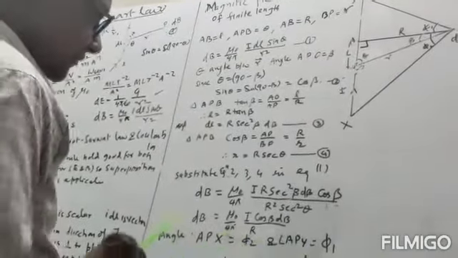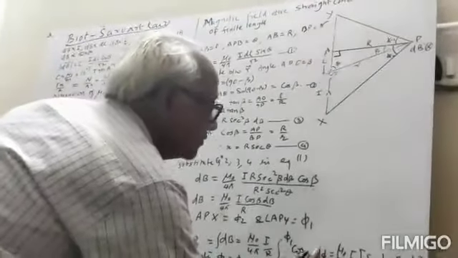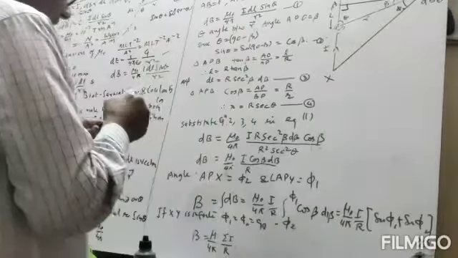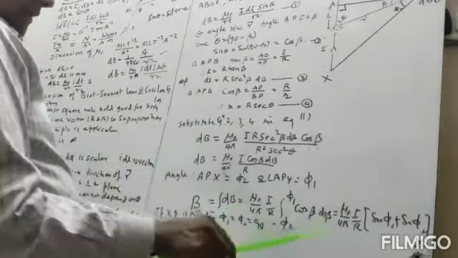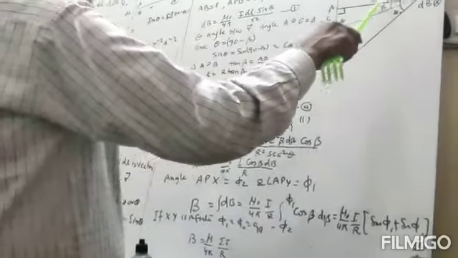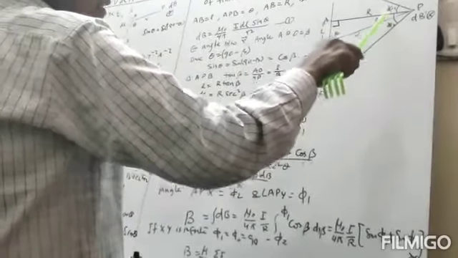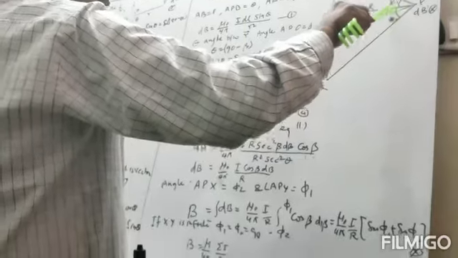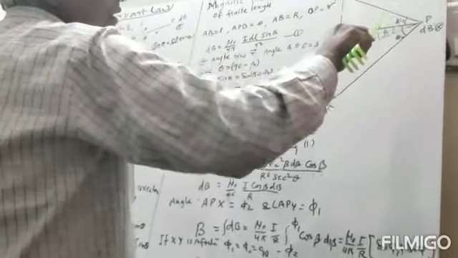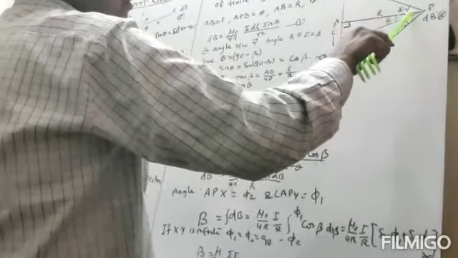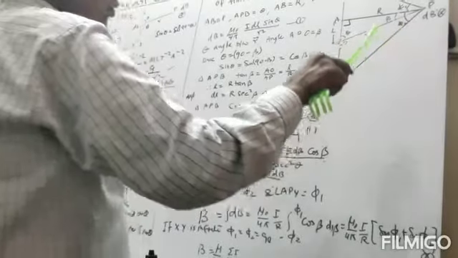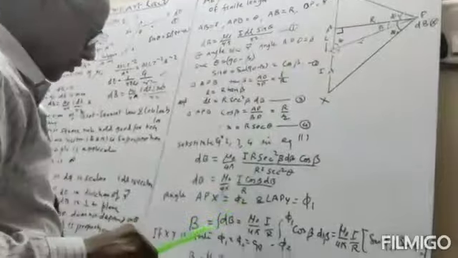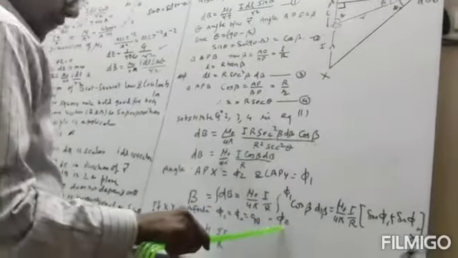Now the angle will change from, this is negative because it is in the clockwise direction, and this is anti-clockwise, so it is positive. So beta will change from minus phi 2 to phi 1. So here the limit will be minus phi 2 to phi 1.